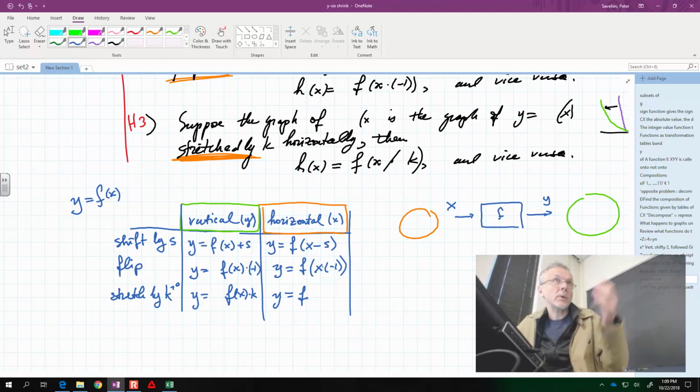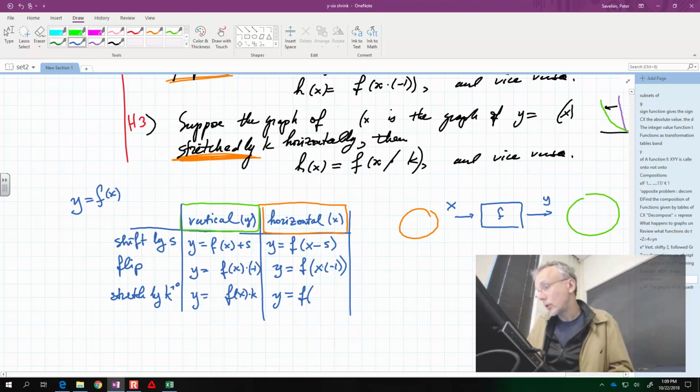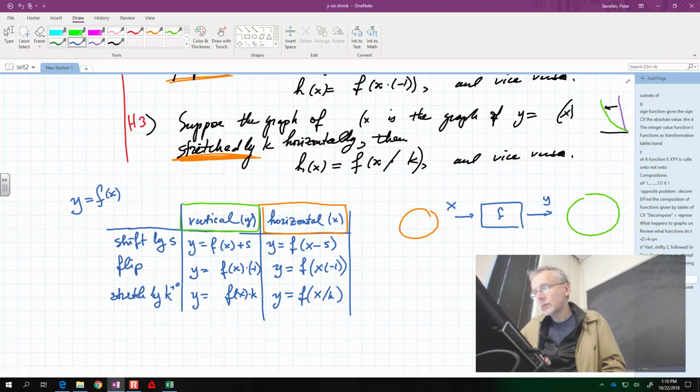So that's why it doesn't matter, and it looks very similar. The second row is not as different as the other two. And here I do, instead of multiplying by k, I divide. So that's the table that contains everything that we have been talking about in a most compact form.